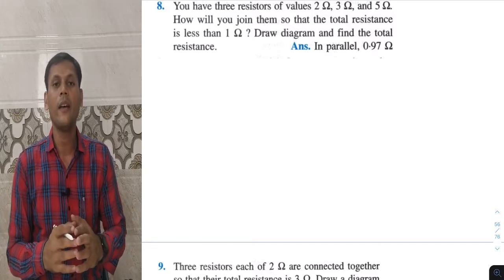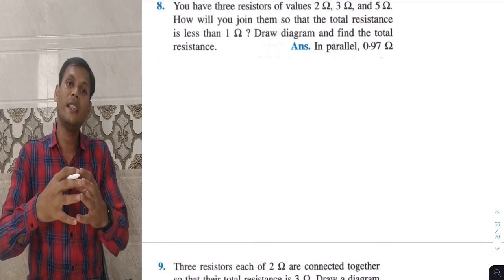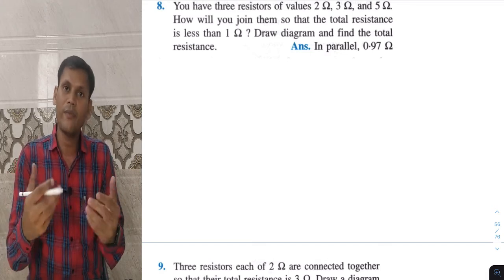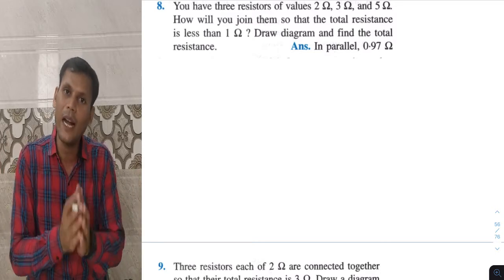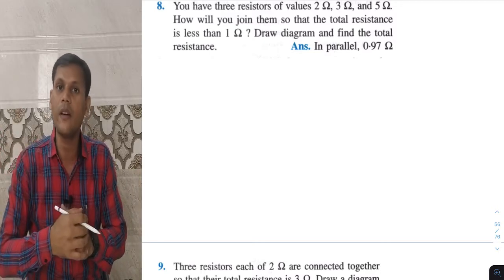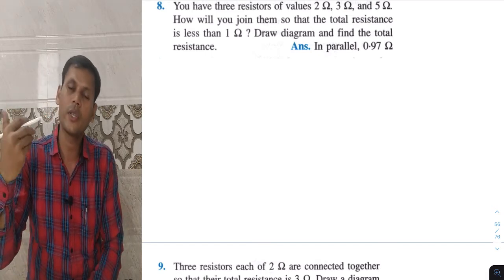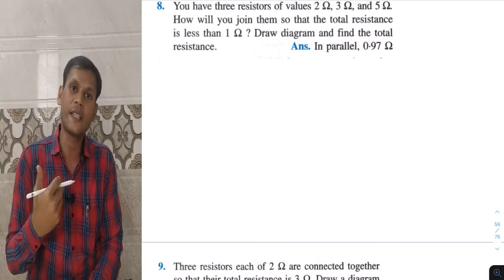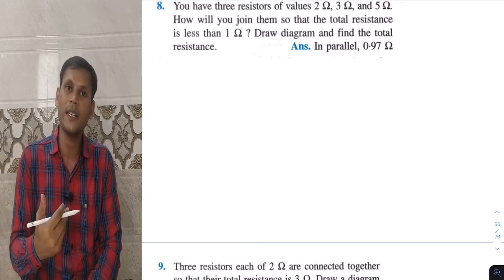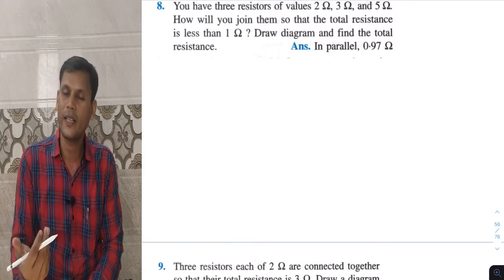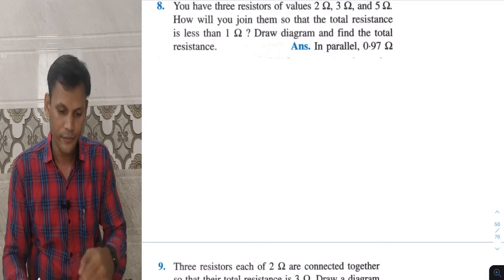So remember one thing: when we connect resistances in series, their values always become bigger, and when we connect them in parallel, the resistance always becomes less. That is the reason in a house, at maximum places we do parallel wiring, because in that case resistance lowers.